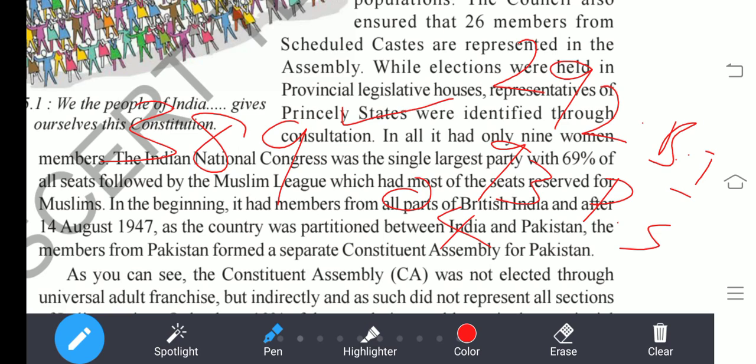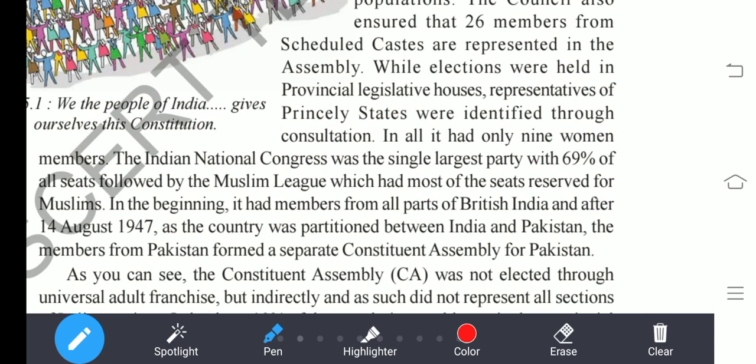Those were given. Okay. In this way, altogether, it had 389 members of the Constituent Assembly.